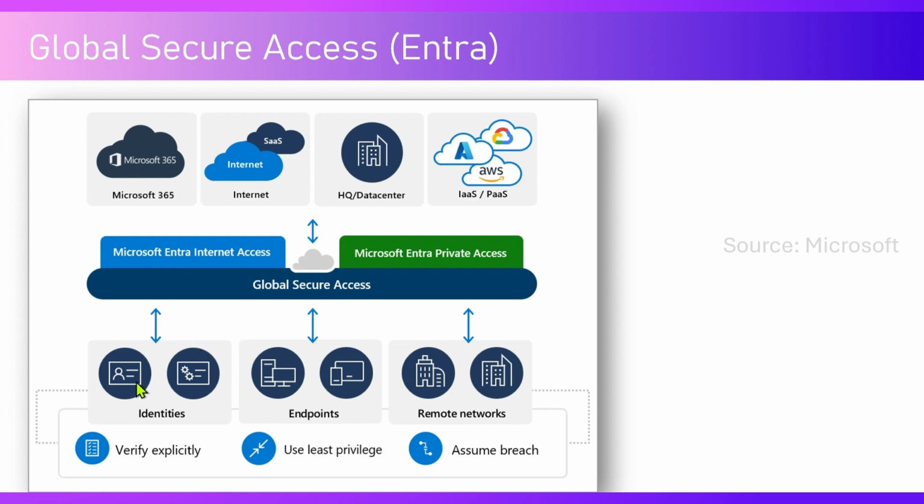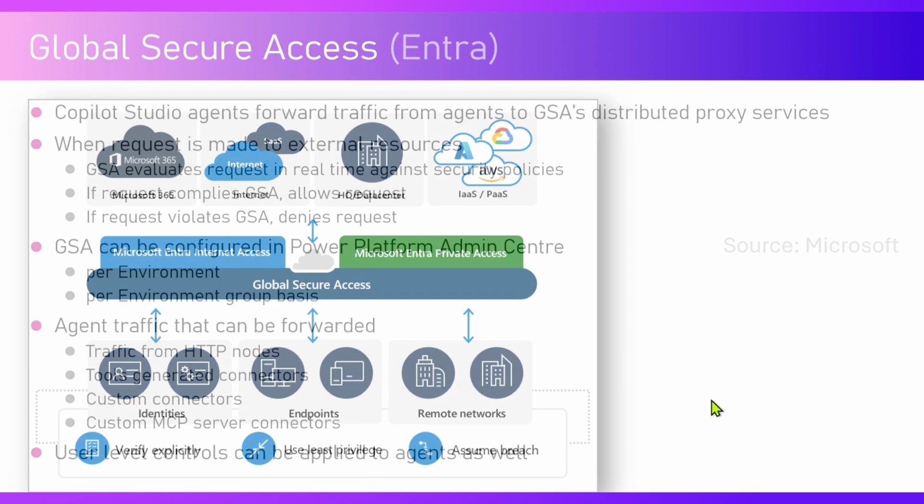What do you access? You access various services like the identity services for authentication and authorization, endpoints for accessing web-based services to serve a specific purpose, and remote networks. It works on the concept of three things: verify explicitly, use least privilege, and assume breach.